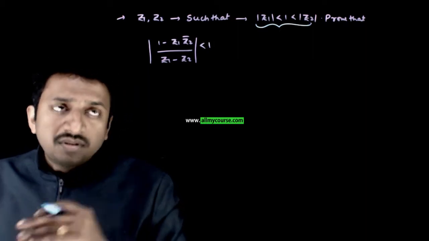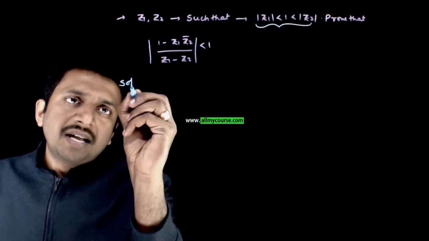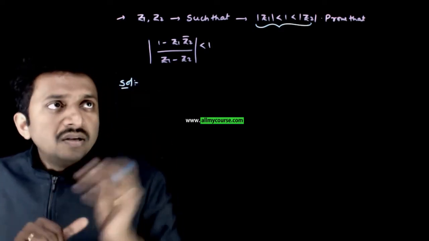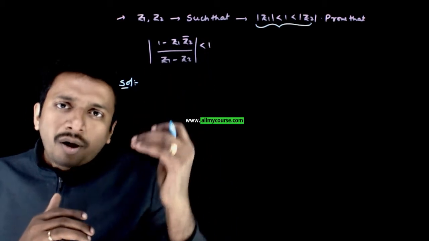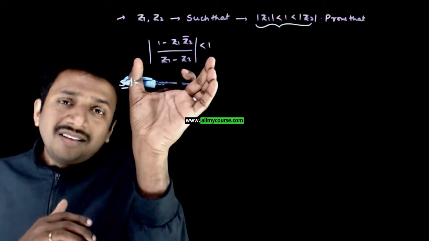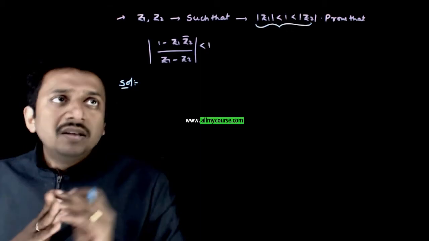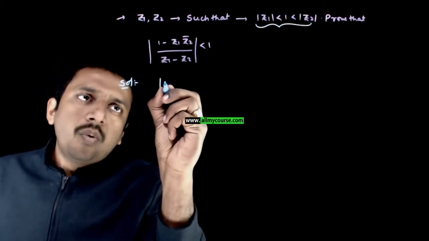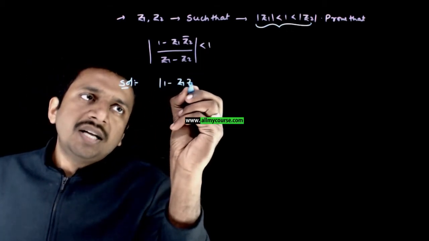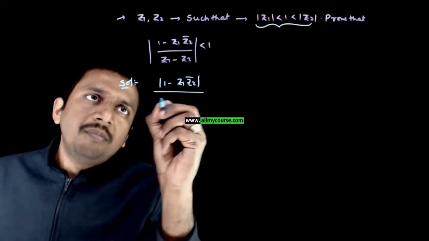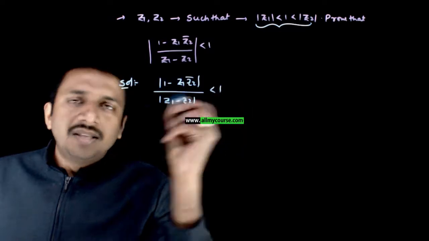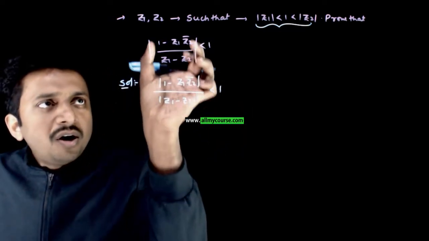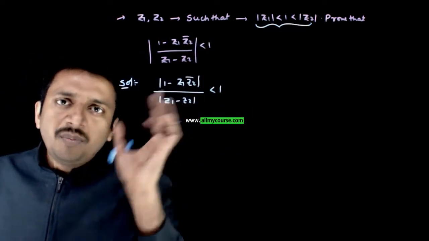So how do we do this? Let us start our analysis. If this has to be true, let us try to go on taking this as valid. Now if this is true, then mod of 1 minus Z1 Z2 bar by mod of Z1 minus Z2 should be less than 1, because mod of Z1 by Z2 is mod Z1 by mod Z2.